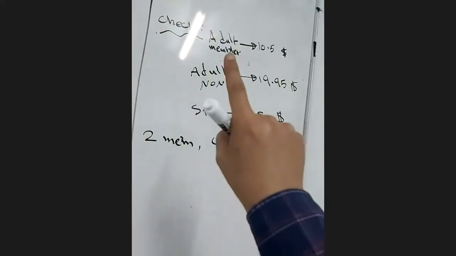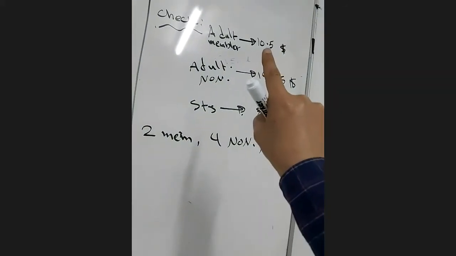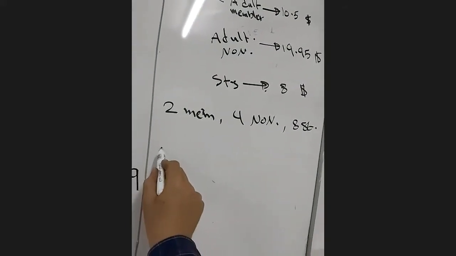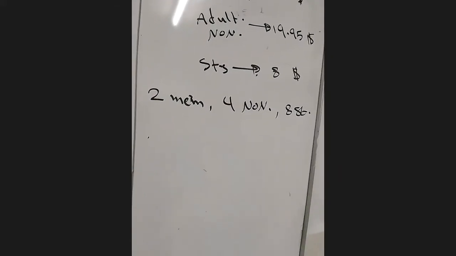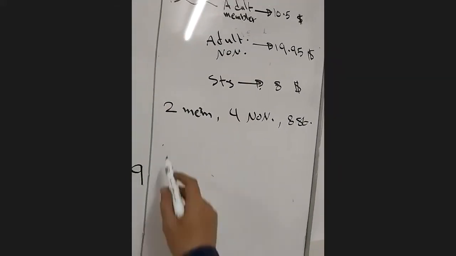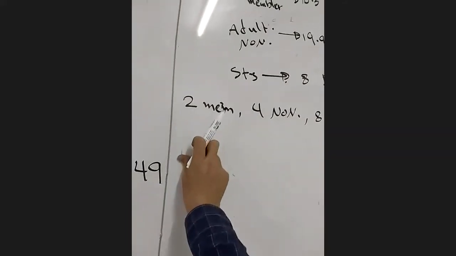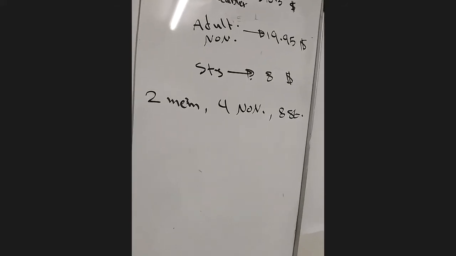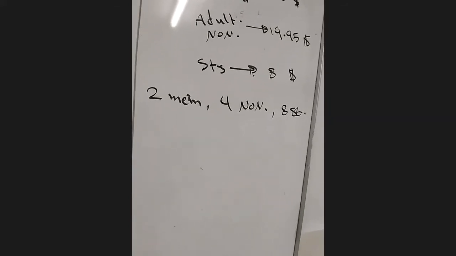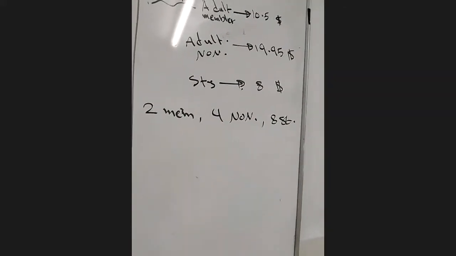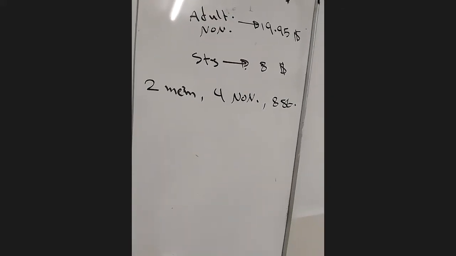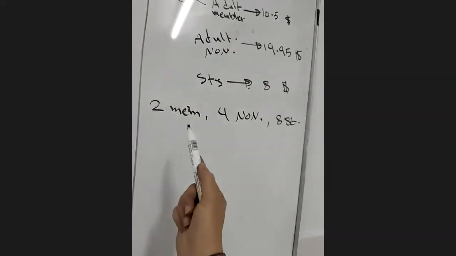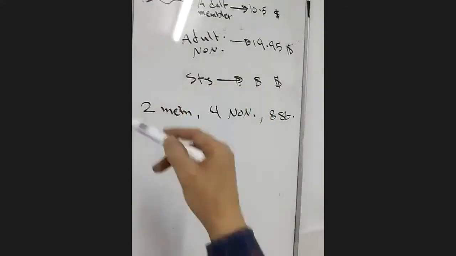If one ticket for the adult member is 10.5, and we have 2 members, what will I write here to find the total cost?